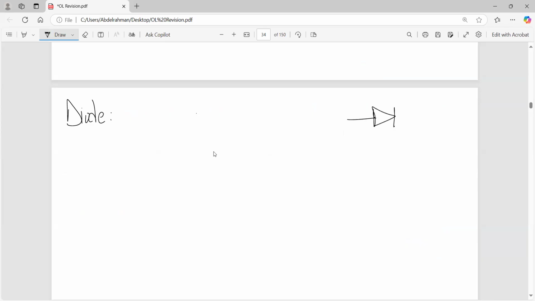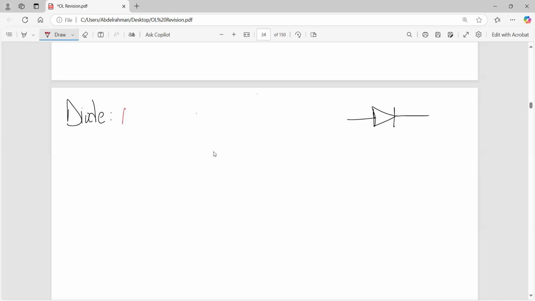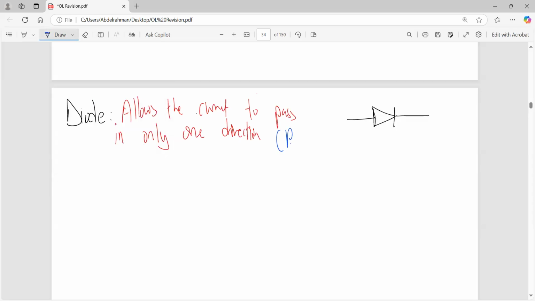It's like a play button, in which it allows the current to pass in only one direction. We sometimes call this diode a rectifier.